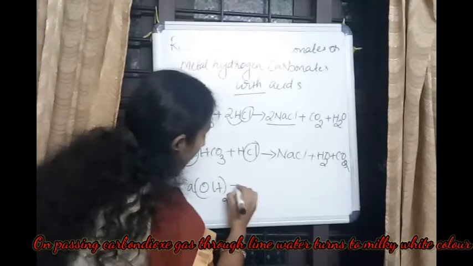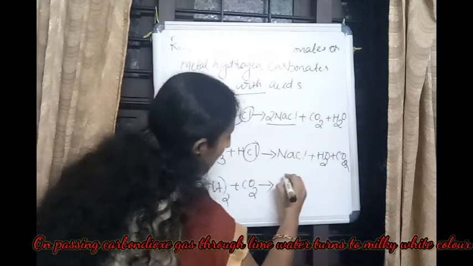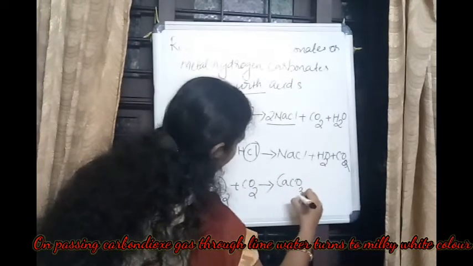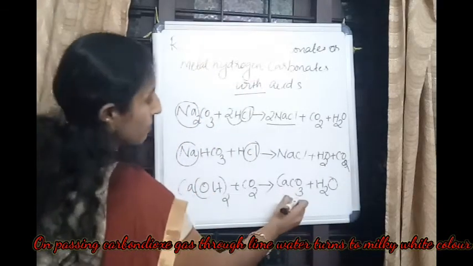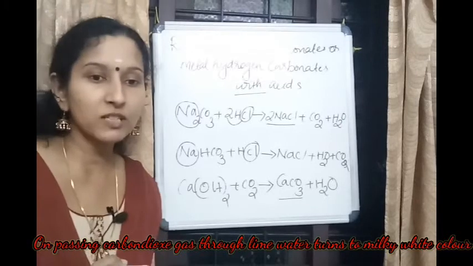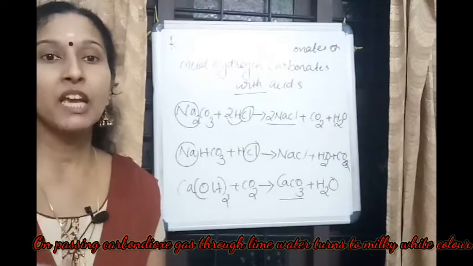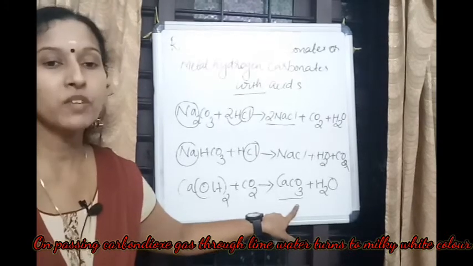On passing carbon dioxide gas through lime water, it turns to a milky white appearance due to the formation of calcium carbonate.